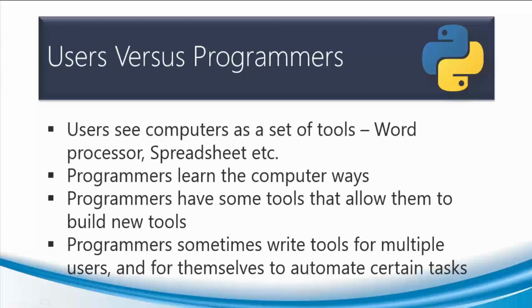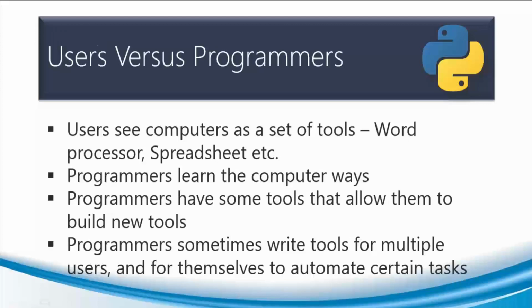Programmers, on the other hand, learn the computer's ways, in other words, the way a computer understands the actual language. Programmers have tools that allow them to build new tools, and they sometimes write tools for multiple users, as well as for themselves to automate certain tasks.